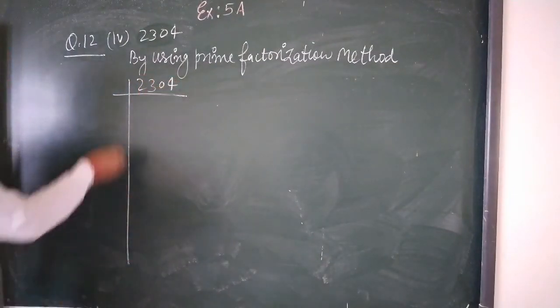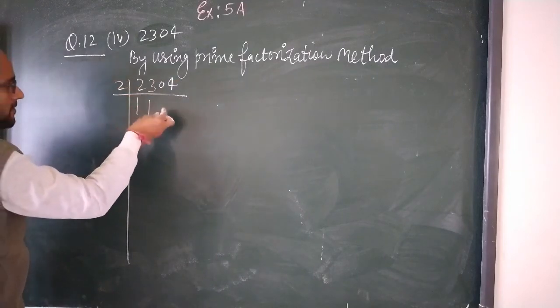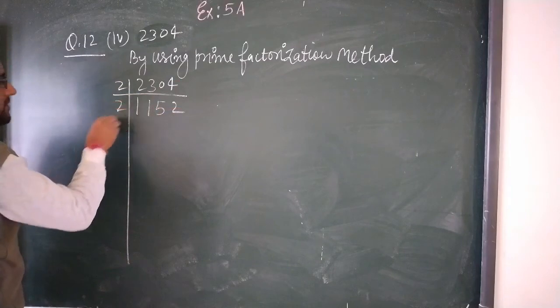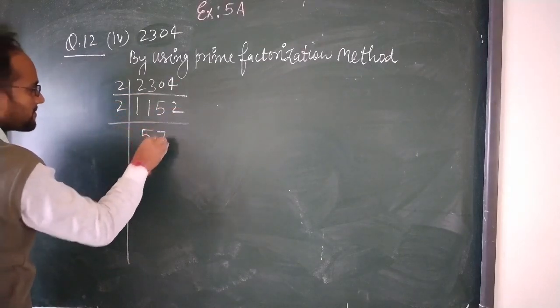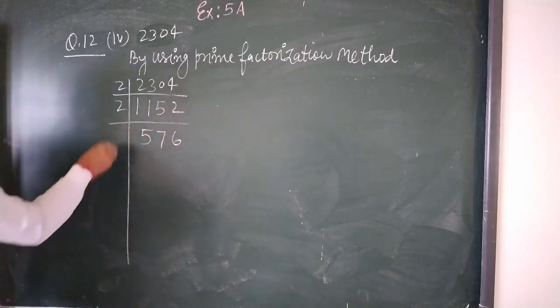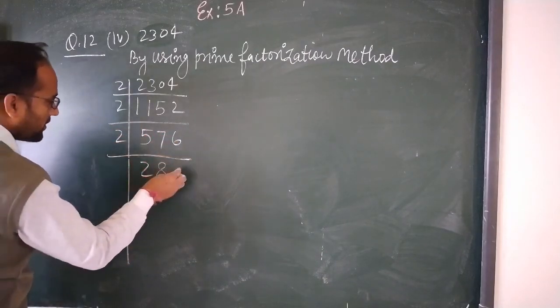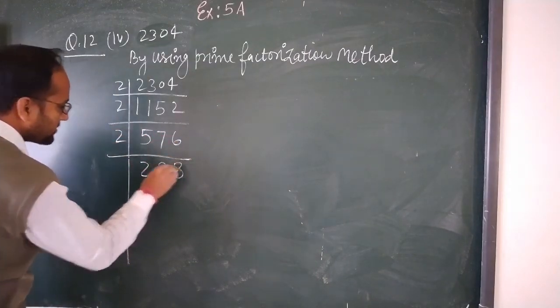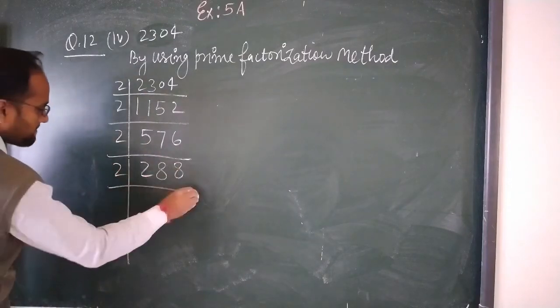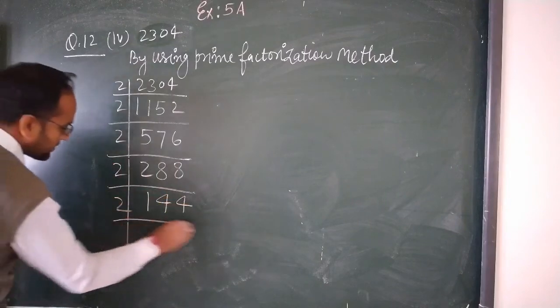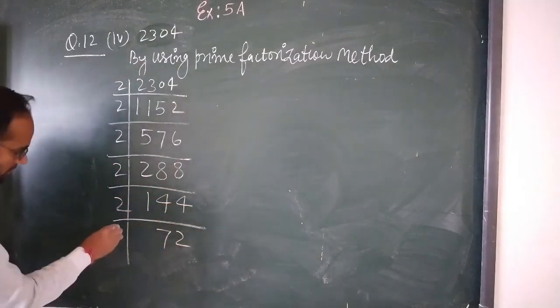See this one, students, it is cancelled out by 2. Again it is cancelled out by 2. Again it is cancelled out by 2, 8, 8, 1, 4, 4. Again it is cancelled out by 2, 72.